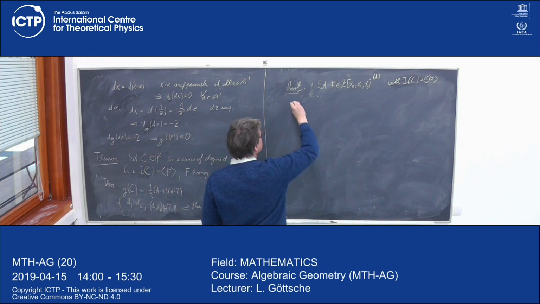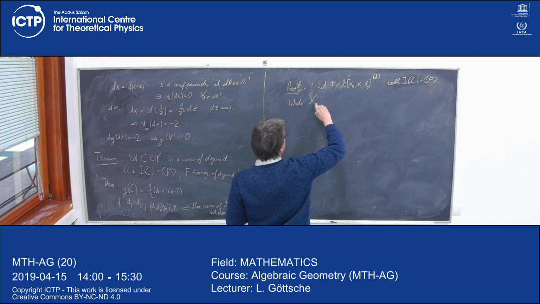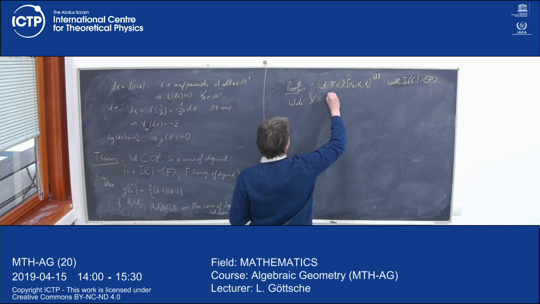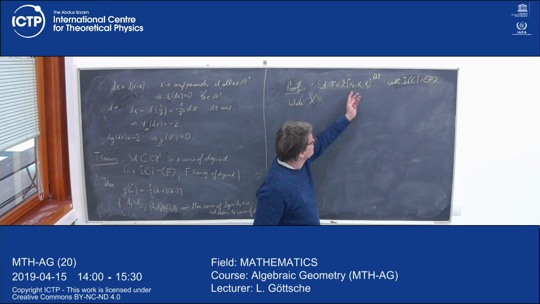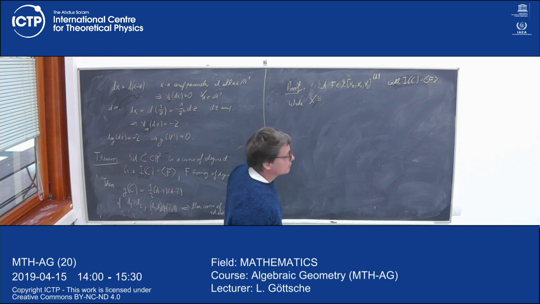So I first restrict my attention to this chart where x0 is non-zero, or where I can put x0 equal to 1. And I want to write a nice differential form there, which has neither zeros nor poles there, and then have to look at what happens to it at infinity, a little bit like we did before.